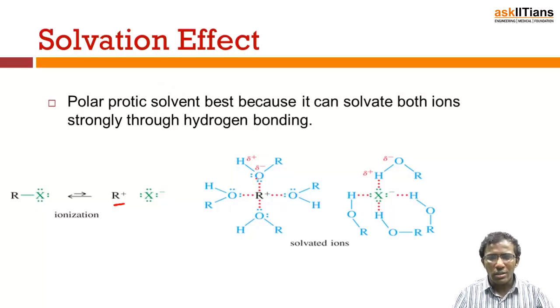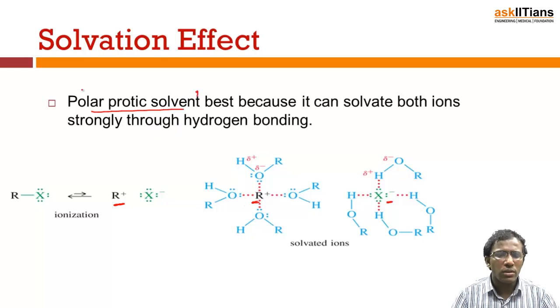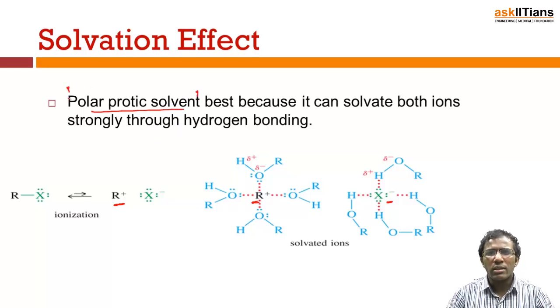If alcohol is the solvent, the carbocation as well as the halide ion both are getting solvated, and this solvation will increase the stability of both of these ions, and energy is also released. That energy is known as solvation energy, right? So a polar protic solvent always favors the SN1 reaction by stabilizing the formed carbocation as well as the halide ion by the solvation effect.